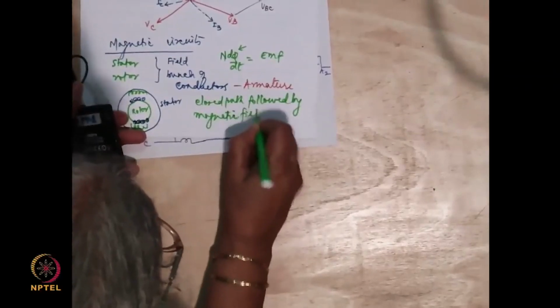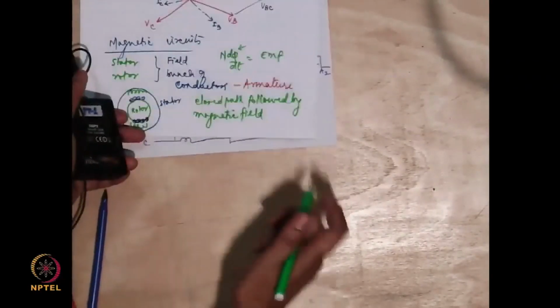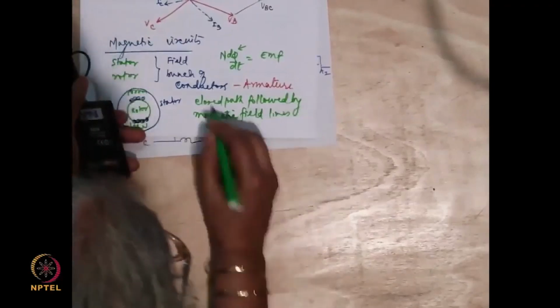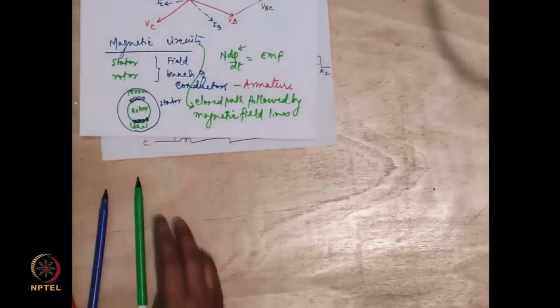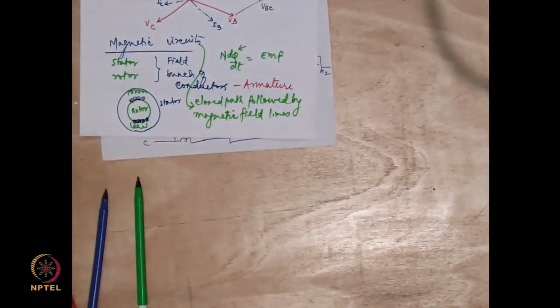Magnetic field lines are same as the flux path that we are showing. So magnetic circuit is essentially defined as the closed path followed by the magnetic field lines. Please note that just like how a current cannot flow in an open circuit, this is also always a closed path. You will have a complete path, it will be a complete closed circuit basically.